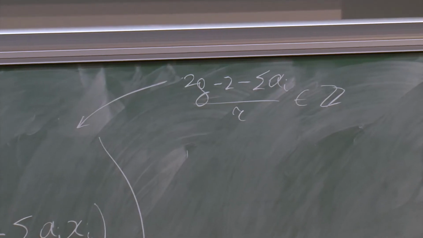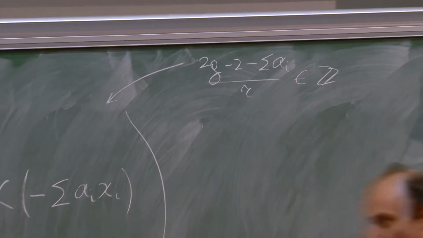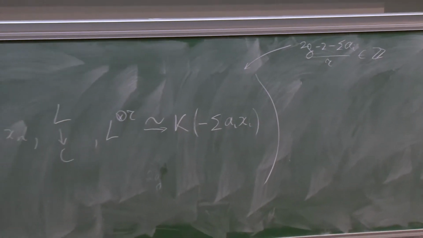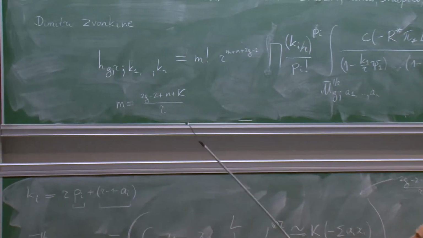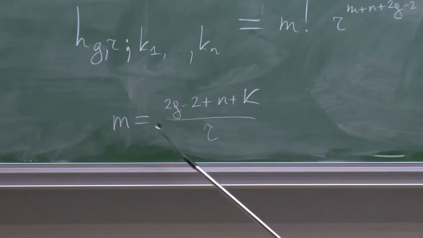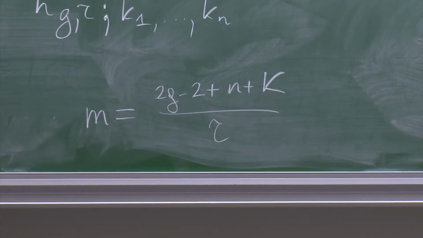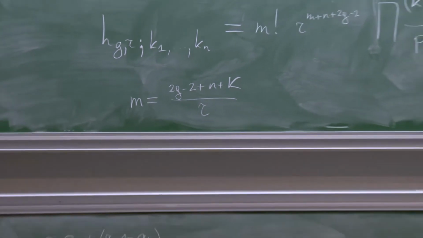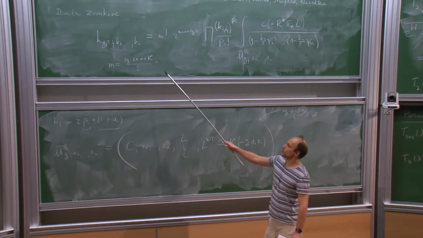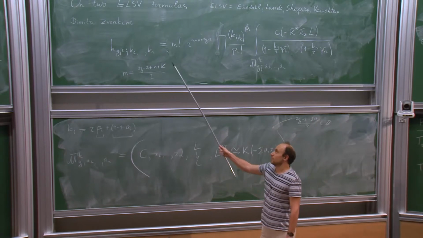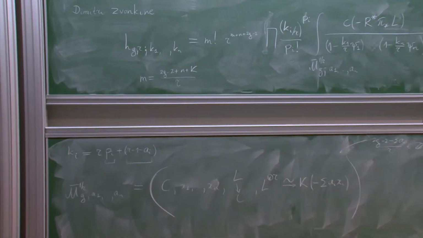Otherwise it doesn't work. If you want to extract an rth tensor root, it has to be divisible by r. And that's the same condition as this. Right here, in order to get an integer m, you also have a condition of divisibility by r. It's actually the same condition. So the integral is well defined if and only if this m is an integer, and that's the situation where the Hurwitz number exists to begin with.